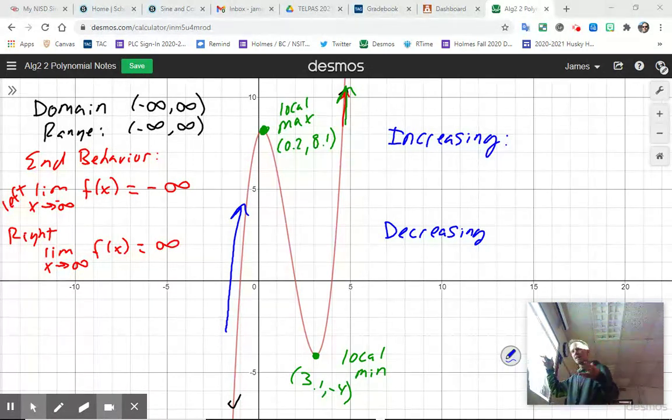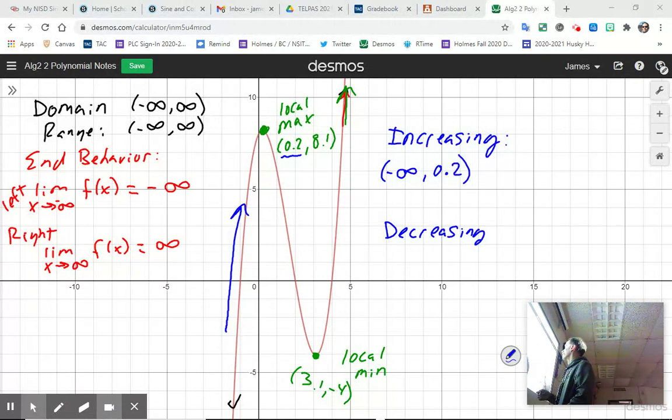And when we write the intervals, we always are going to use the x value. So it's a horizontal measurement, right? So the first increasing interval is going to be from negative infinity, because it's increasing this whole entire time until it gets to that first maximum, so 0.2, we'll call it. And then after the maximum, what happens?